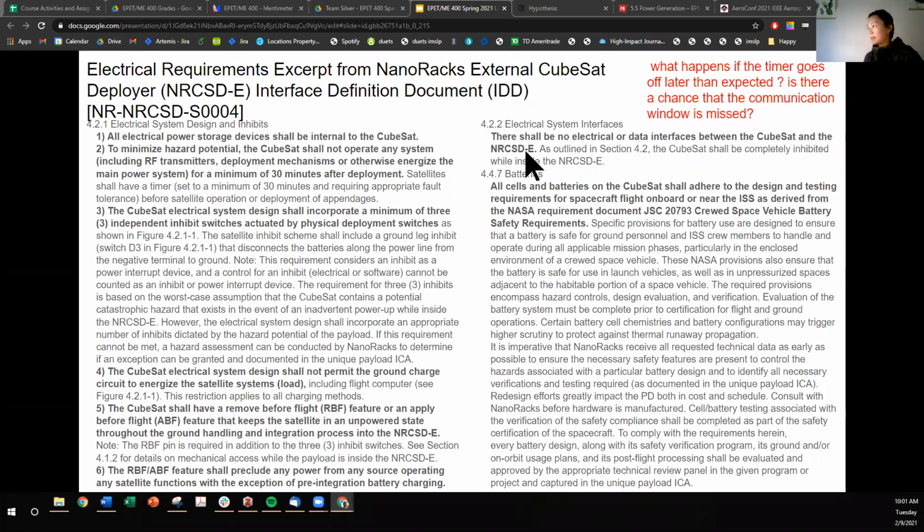Next, all cells and batteries on the CubeSat shall adhere to the design and testing requirements for spacecraft flight on board or near the ISS as derived from the NASA requirement document, crewed space vehicle batteries and safety requirements. We will get to that document. So this is just a little annoying because they're referring to yet another document that we have to adhere to. So it opens up a new can of worms.